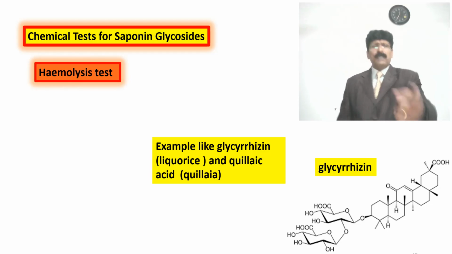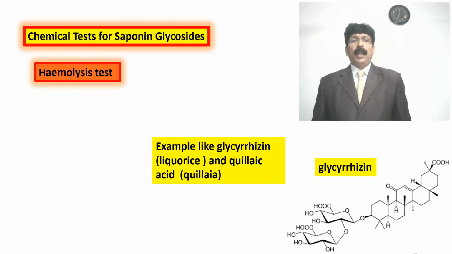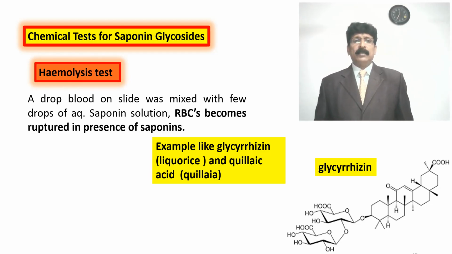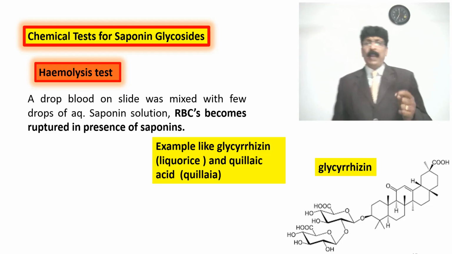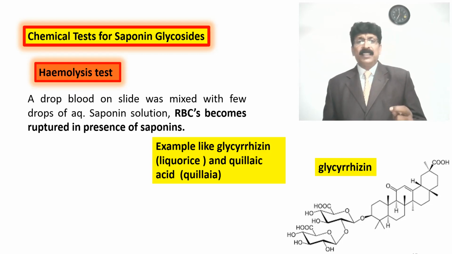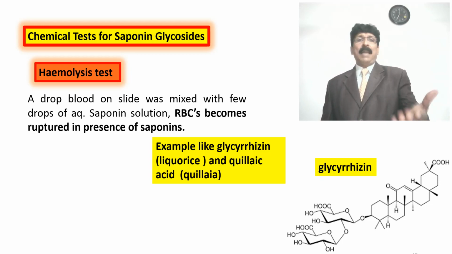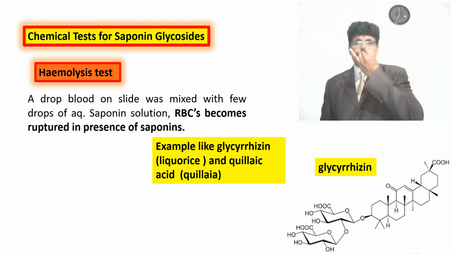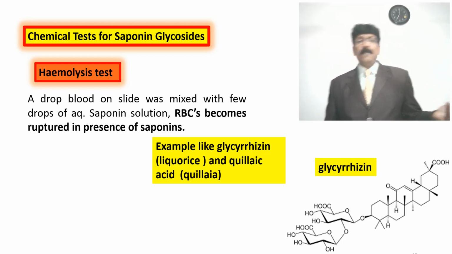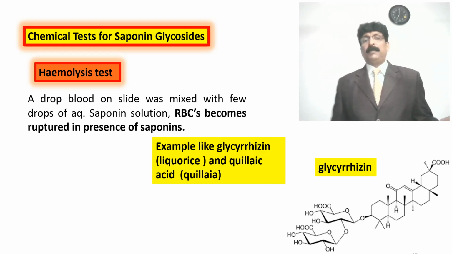So the first test itself is the hemolysis test, in which a drop of blood on a slide is mixed with a few drops of the aqueous saponin sample, meaning the sample containing saponin glycoside. What happens? The RBCs become ruptured, and it shows the presence of saponin.